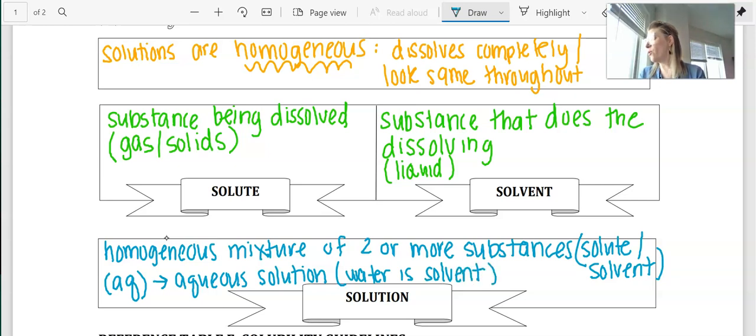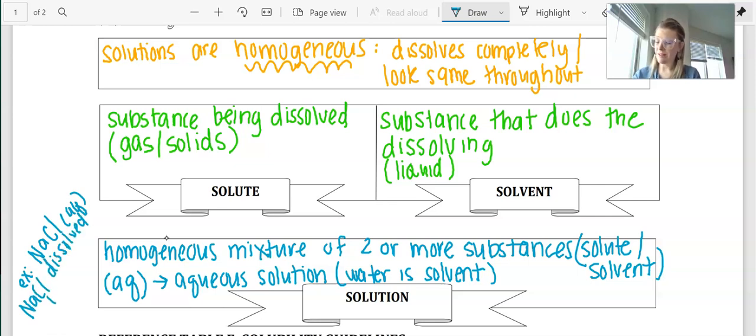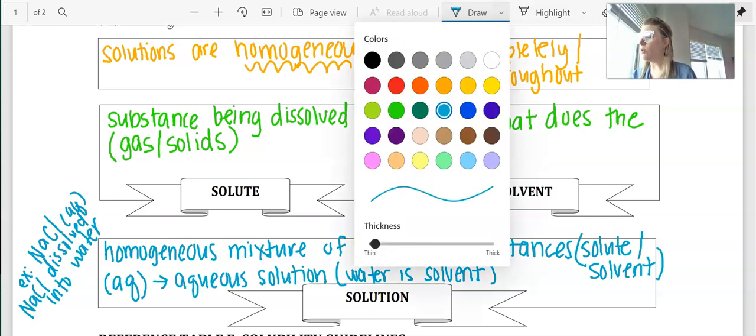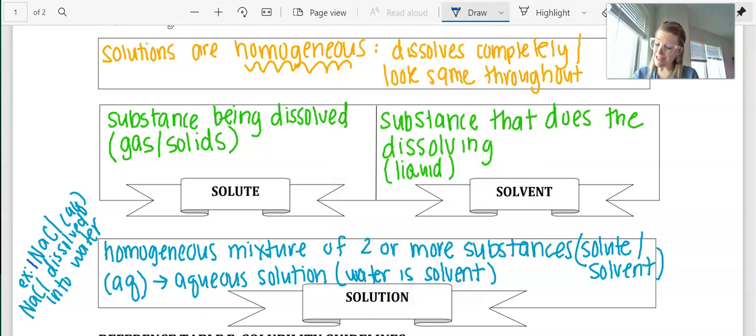So for example, if I were to write NaCl AQ, that means that NaCl is dissolved into water, okay? And we don't need to write plus water. The AQ already indicates that the water is part of our solution. And so in this case, we have NaCl, that's our solute. And we have our AQ, and that's our solvent.